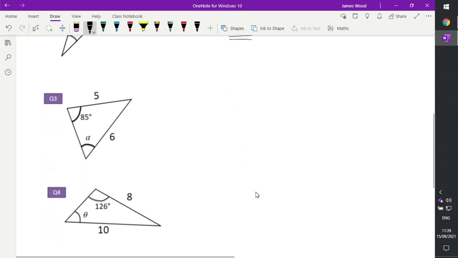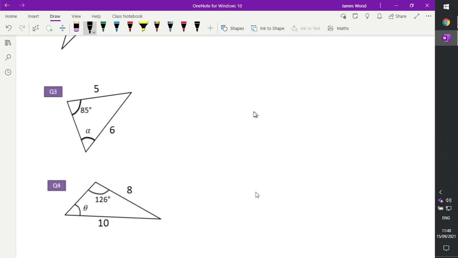Okay, these two I've got to find an angle. So I'm going to actually put the angle on top in my equation. So here I would have sine A, if I label it like this, over 5 equals sine 85 over 6.